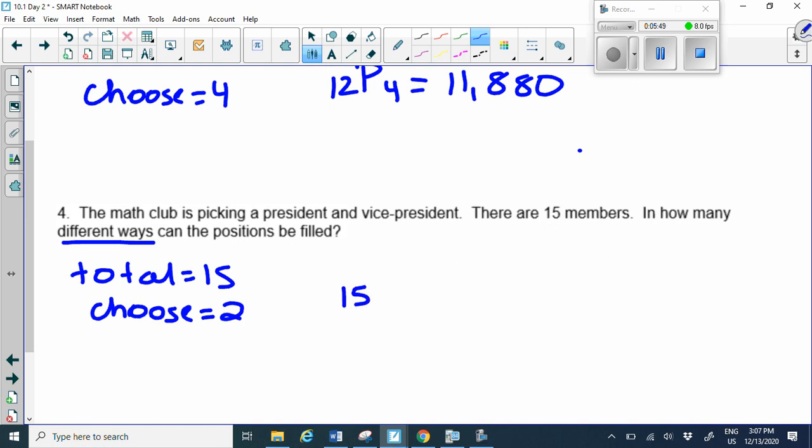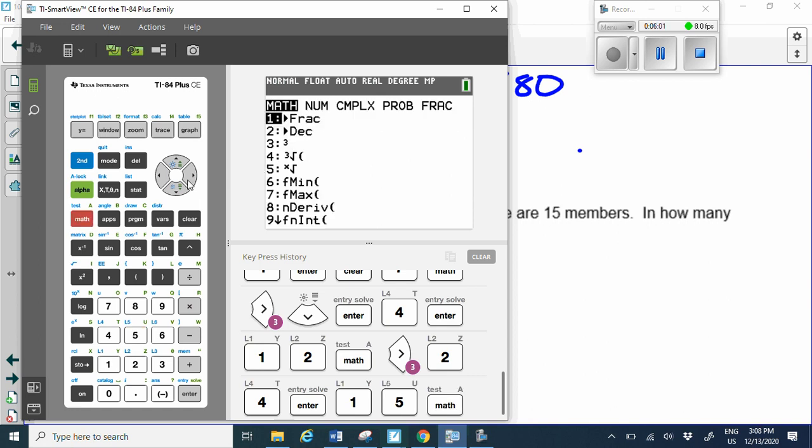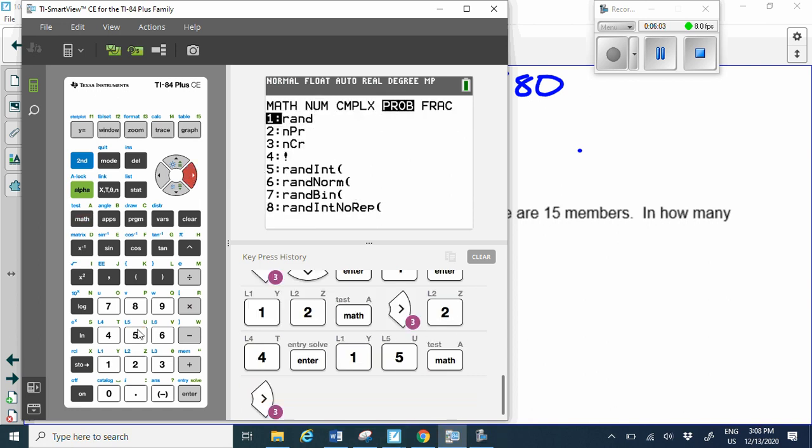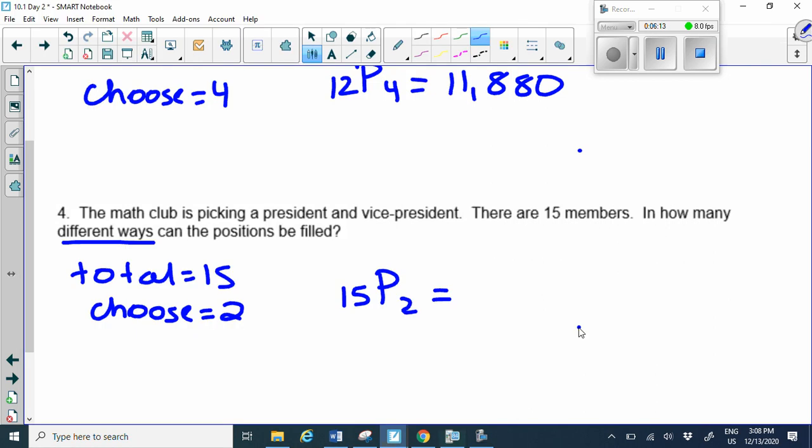So we have 15, which is our n value, permutations of 2, 2 is our r value. Once again, we're just going to plug this into our calculator. So I do the number 15, I go to math, go over to prob, and then go down to NPR, and I'm choosing 2 of those, and I'm going to get 210. So that's how many ways the positions can be filled.